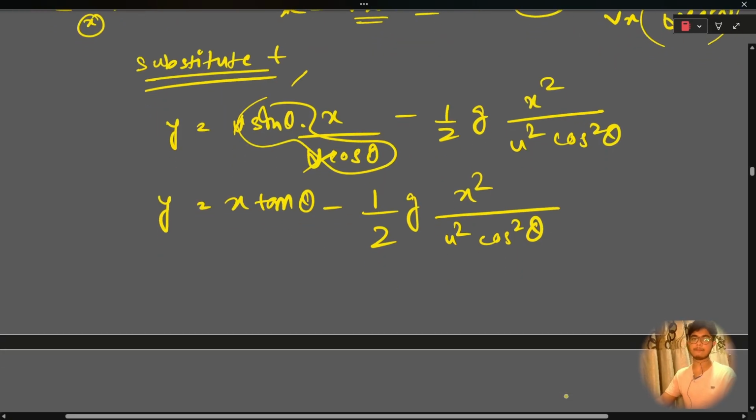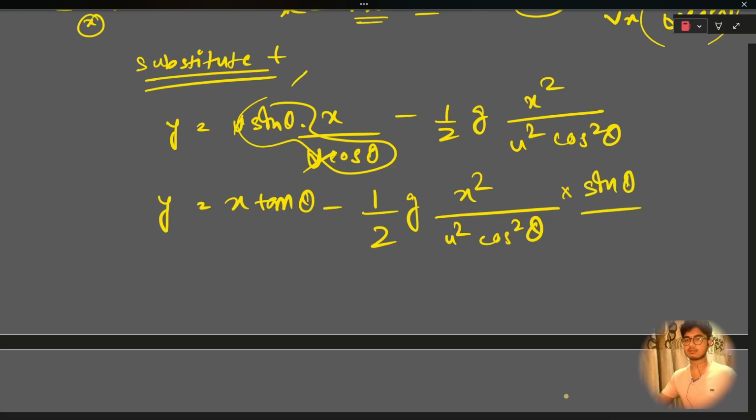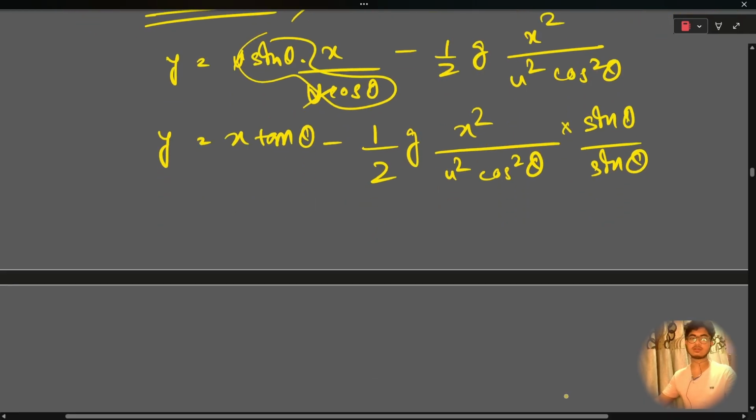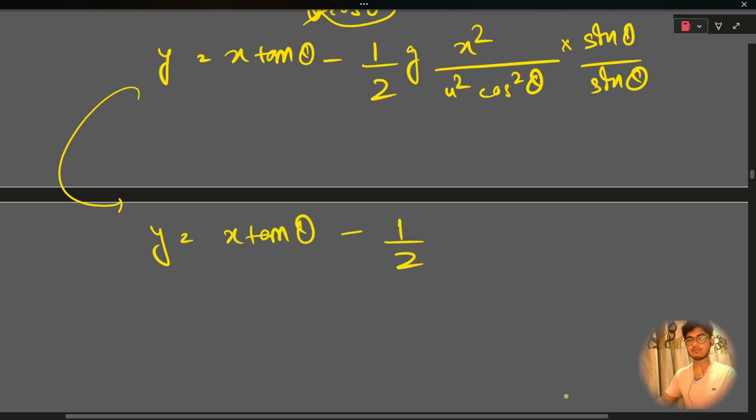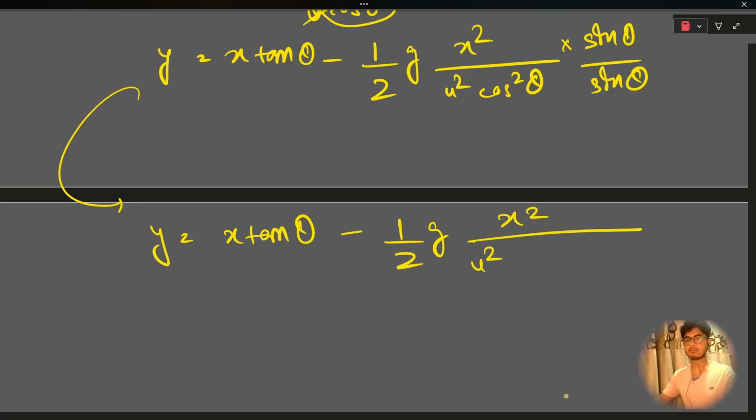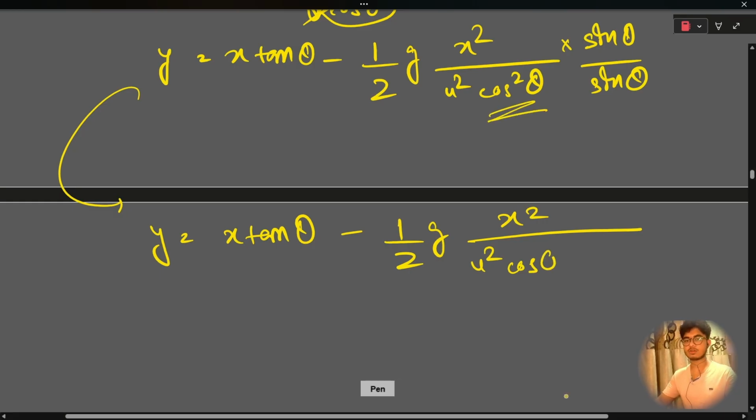Now, if we manipulate this by multiplying by sin theta and dividing by sin theta, so it's basically 1, so it doesn't matter. So we have to rearrange it like x tan theta minus half g x square by u square cos theta. I'll just take one cos theta from cos square theta here, and I'll take the sin theta here.